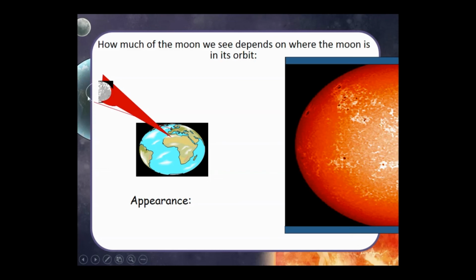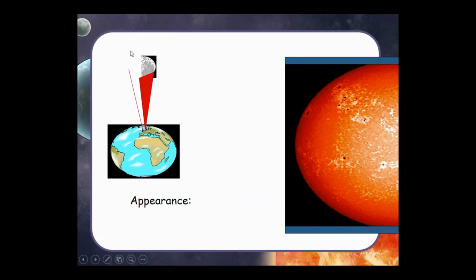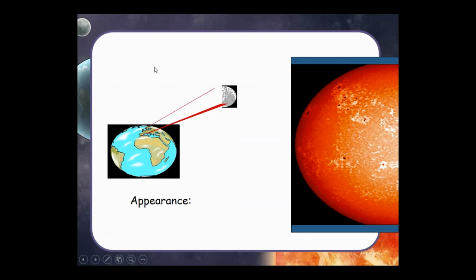The other part, which is this part, will be dark for us. But if the moon is here, what can we see? We can see this part, half of the moon. If the moon is here, we can see something like that, okay.